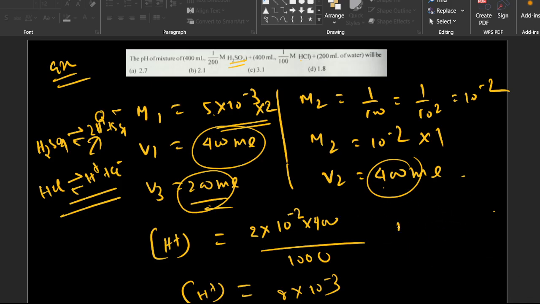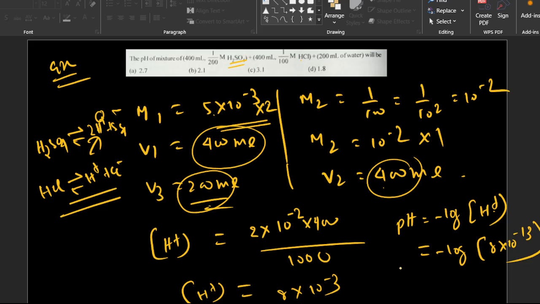So pH will be the negative logarithm of the H plus concentration. That is minus log of 8 into 10 raised to minus 3. So that is 3 minus log 8.